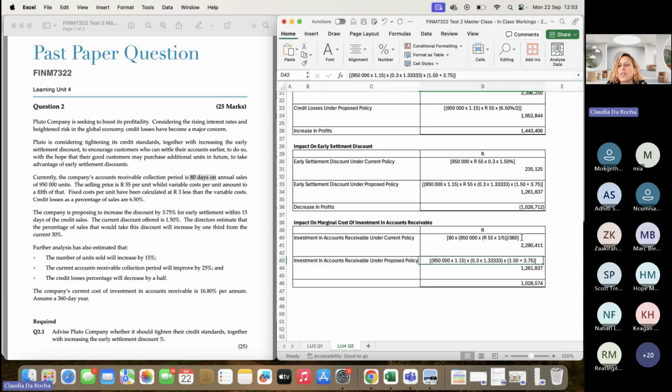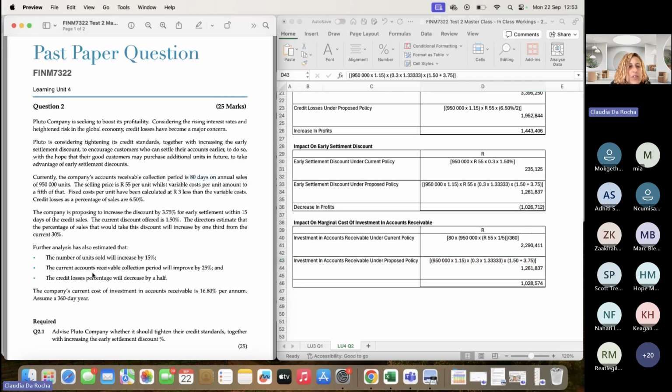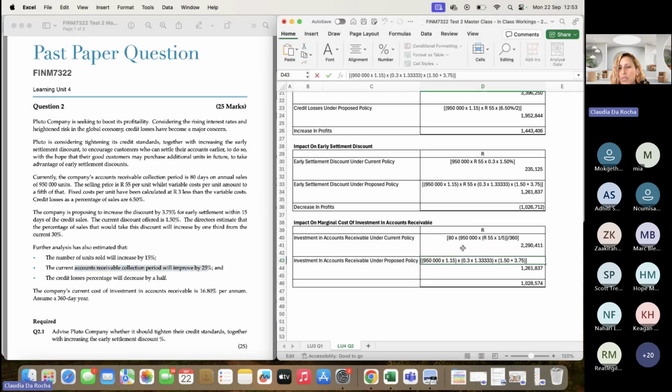Right, let's do the other one now. So our receivable days under the proposed policy will improve by 25%. So I've got to take basically this formula.